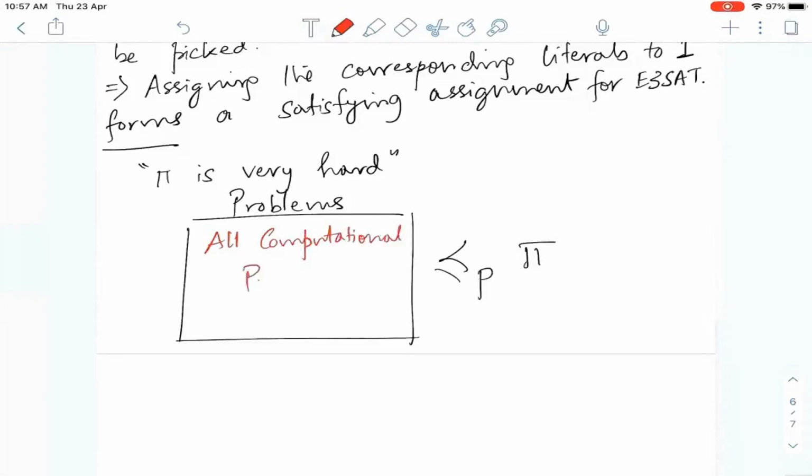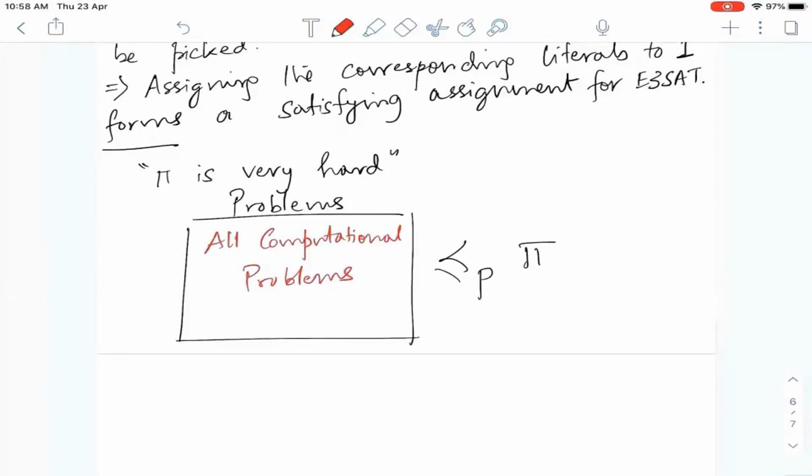Okay, so we are being very ambitious. We are saying that maybe it's true that all computational problems boil down to solving TSP. If you can solve TSP or 3SAT or whatever your favorite problem is, then you will end up solving every computation. What I mean by a computational problem is simply that which can be solved by writing a computer program, by writing a step-by-step algorithm in the sense that we have learned. That is the definition of computational problem which I'm using here. Okay, so let's say that this is the ambition I have to prove.